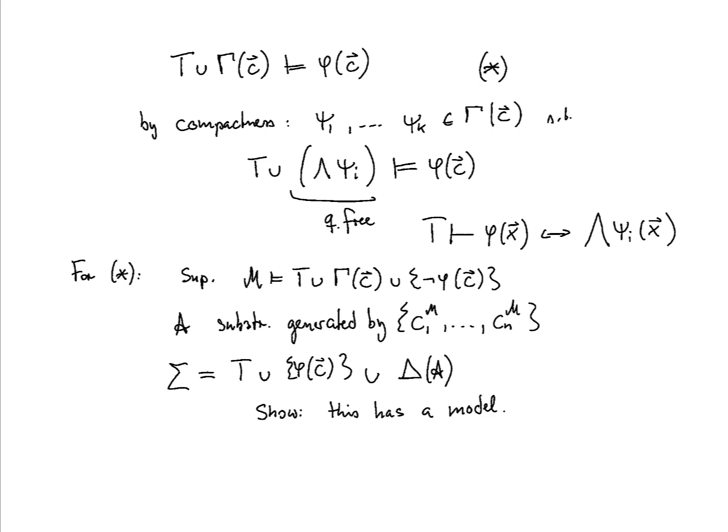In particular, it would have to be satisfied by A that it shouldn't satisfy. Okay, so this has a model. So let's say N is a model of sigma.